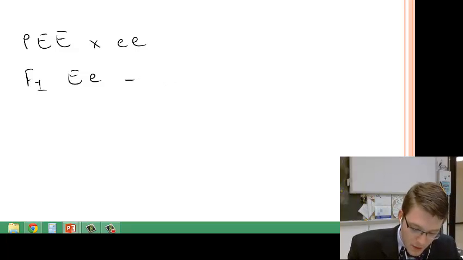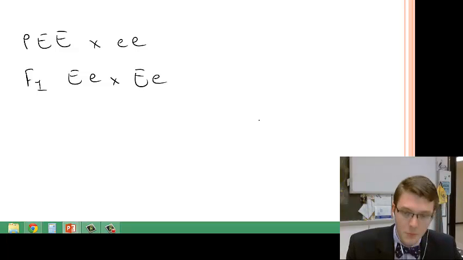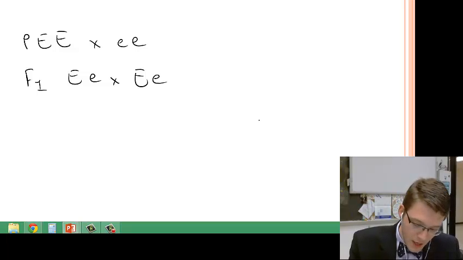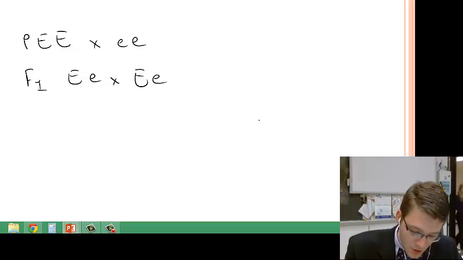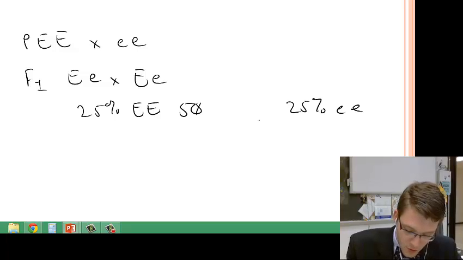So we're crossing our heterozygous individuals from the F1 generation with heterozygous individuals from that F1 generation. This cross, if you do a Punnett square, you'll see should result in 25% of the individuals being homozygous dominant, 25% being homozygous recessive, and 50% being heterozygous.